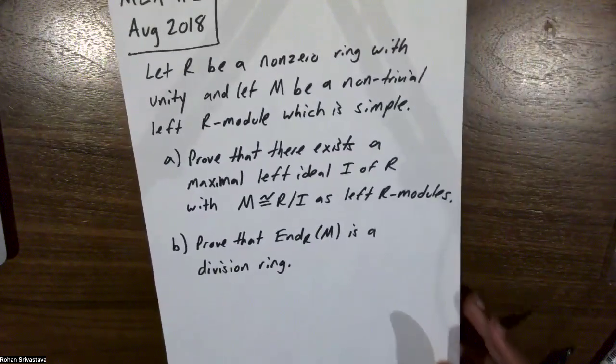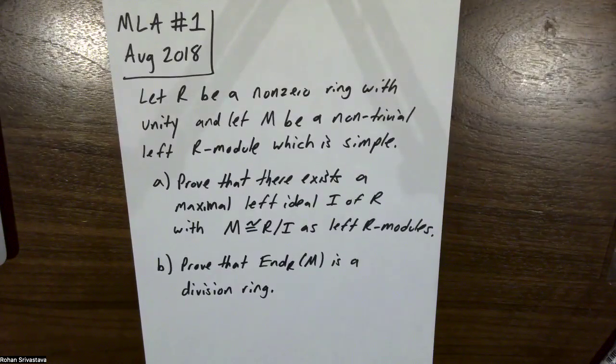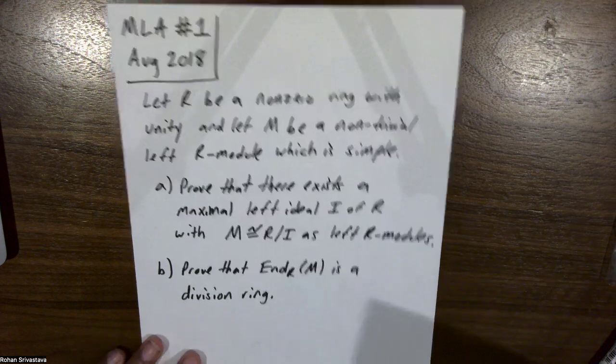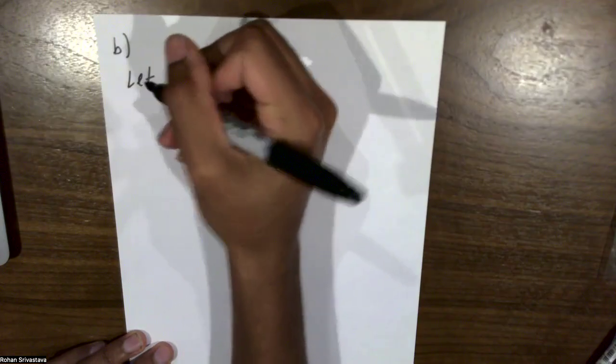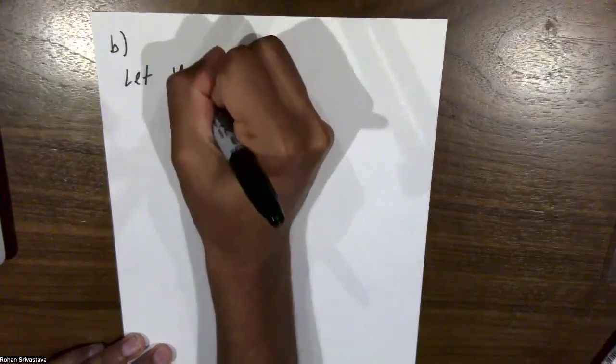Let's go back to part B. For part B, we want to show that this endomorphism ring is a division ring. So let's start with some arbitrary non-zero element of the ring.